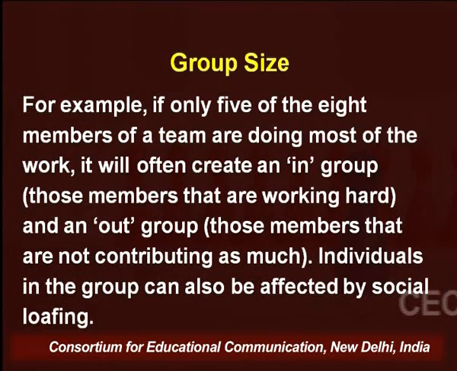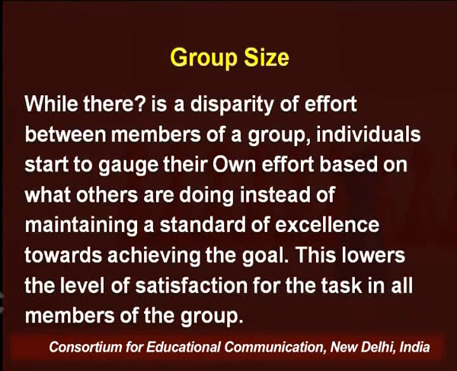For example, if only 5 to 8 members of a team are doing most of the work, it will often create an in-group, those members that are working hard, and an out-group, those members that are not contributing as such. So the individuals in the group can also be affected by social loafing.